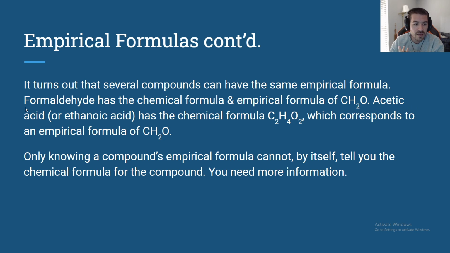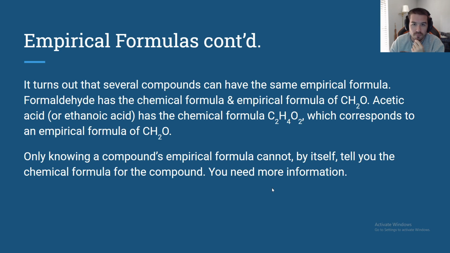Okay, acetic acid or ethanoic acid has the chemical formula C2H4O2. Okay, which corresponds to an empirical formula of CH2O. And there are probably other examples, okay, of things that have the same empirical formula but have different actual chemical formulas, okay? So only knowing a compound's empirical formula cannot by itself tell you the chemical formula for the compound.